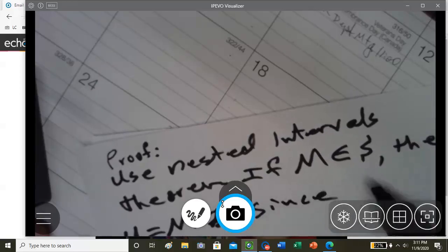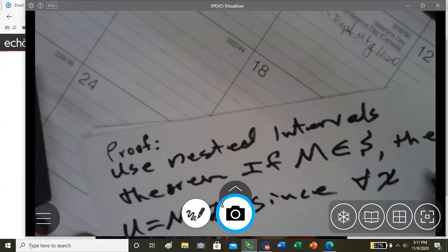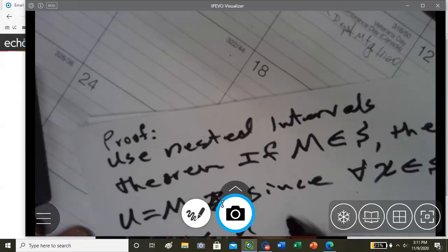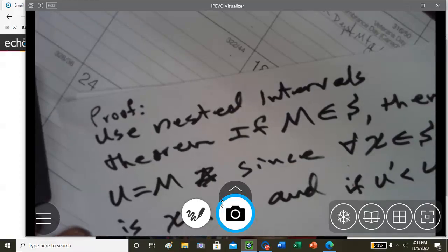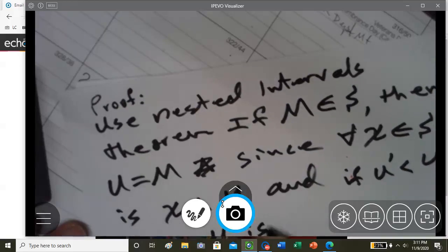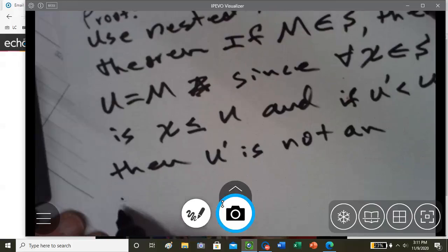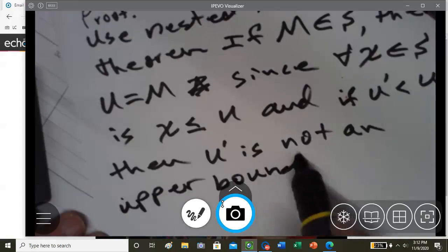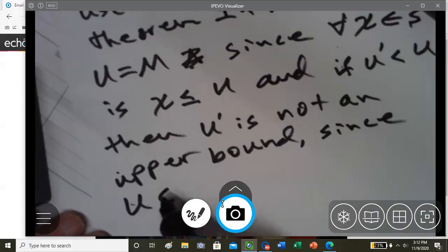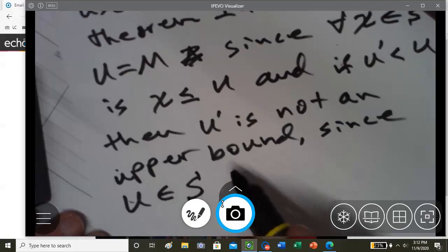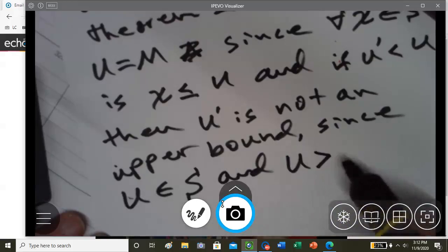since for all x that are elements in set S, x is less than or equal to U, and if U prime is less than U, then U prime is not an upper bound, since U is an element of set S and U is greater than U prime.